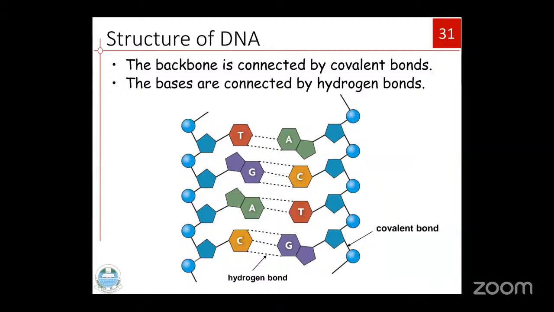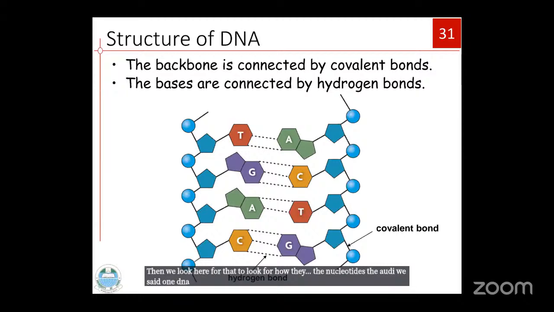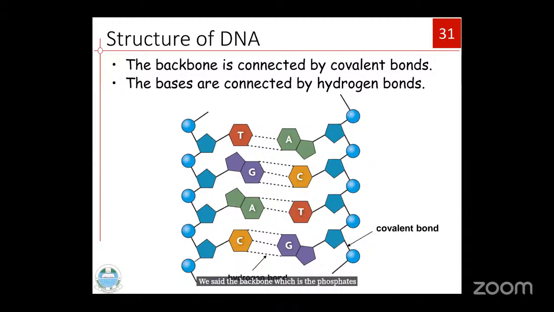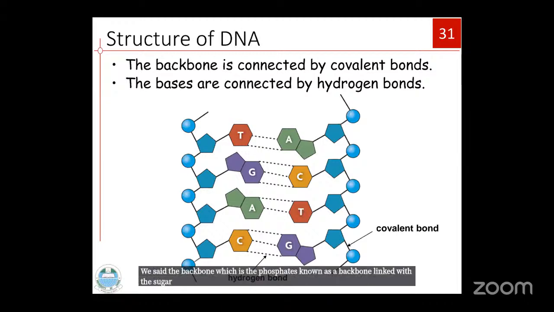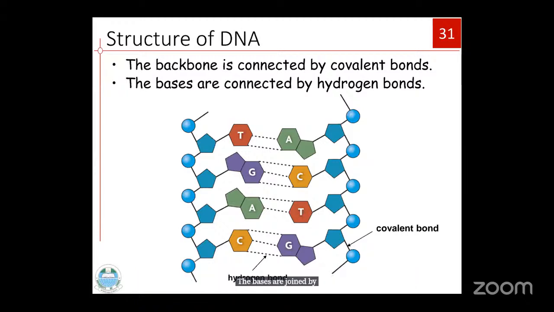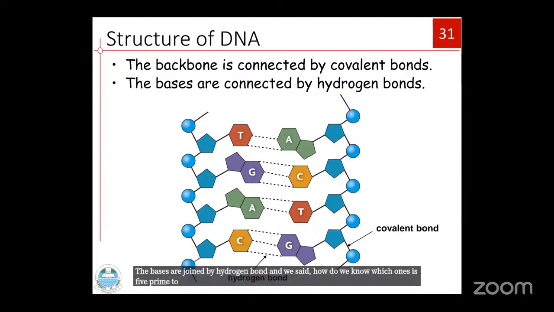Then we looked further to see how the nucleotides pair. We said DNA is antiparallel in that one strand runs from 5' to 3', the other from 3' to 5'. The backbone, which is the phosphate, is linked with the sugar with a covalent bond, while the bases are joined by hydrogen bonds. And how do we know which one is 5' to 3', which one is 3' to 5'?